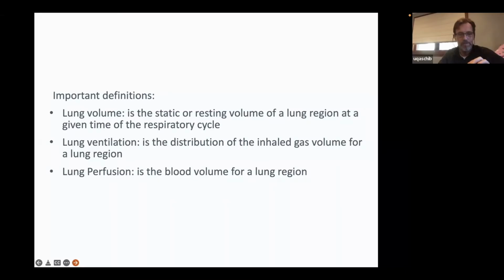So it's much more a static type of blood volume change that has much less pulsatility within the lung. And that's the lung perfusion. So these three different definitions are very important, and we need to be very clear when we talk about them.